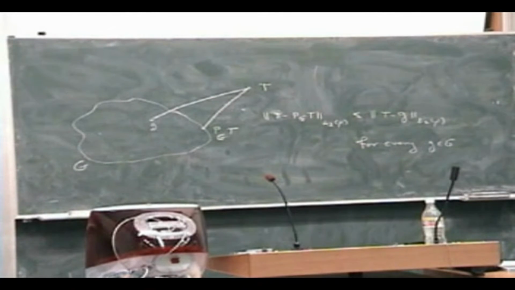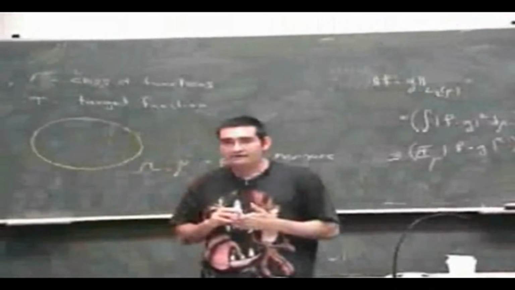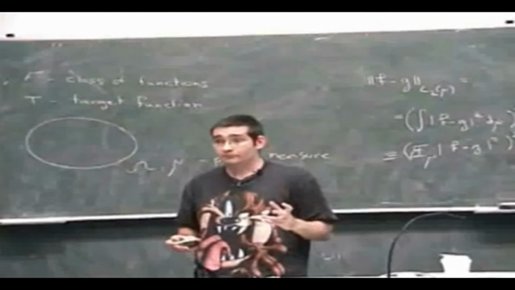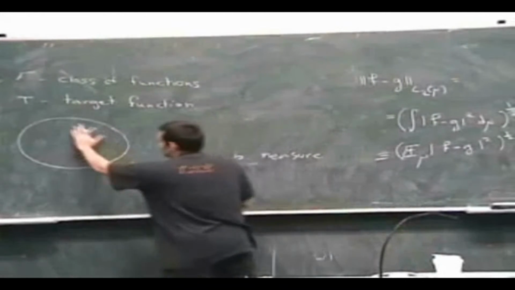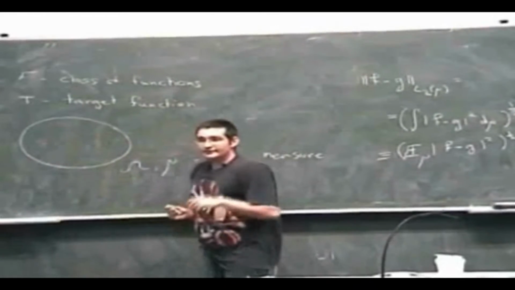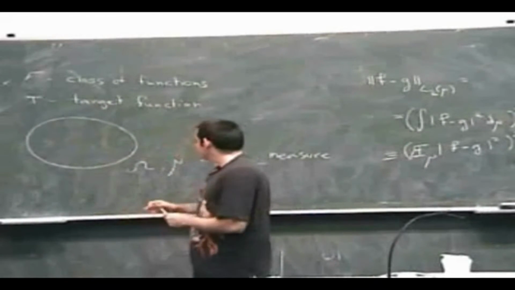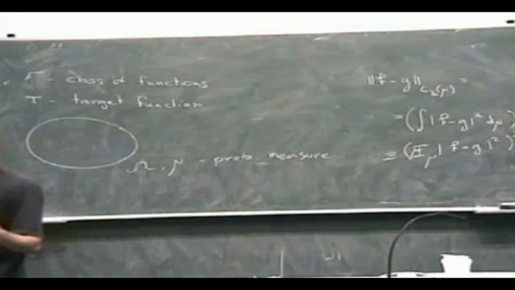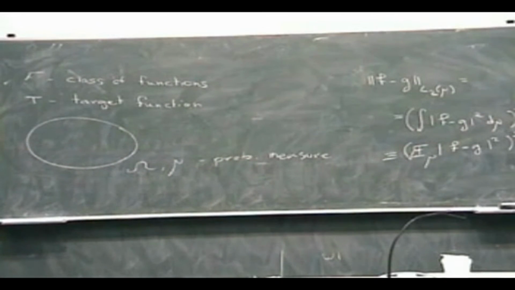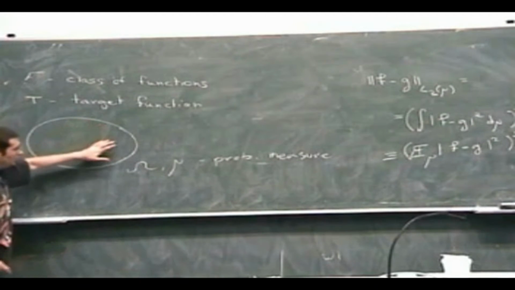Now, one way of doing this is to define a class of functions associated with a problem, okay, which is called the loss class. Now, the loss class will be defined according essentially to two different things. First of all, the target.